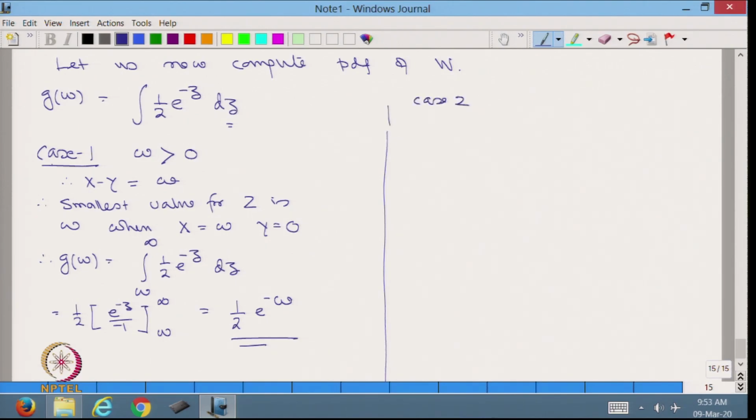Case 2, w is less than 0. So, smallest value for z is minus w, which is positive.